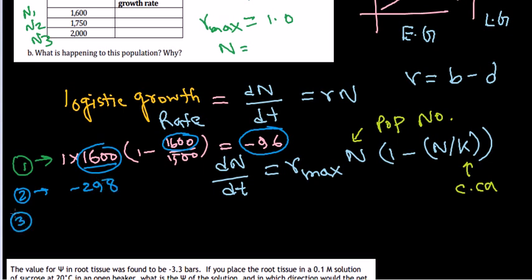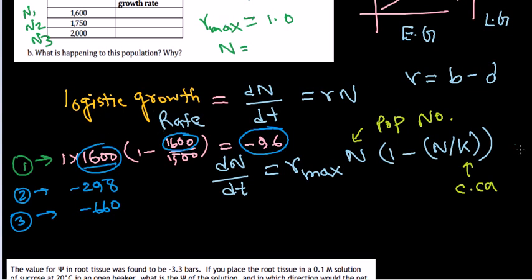And for the third one, if we put 2000 in this place, we will get the value of minus 660. So we get all these values, minus 298, minus 660, minus 96, and once we get the values, we can simply place them to understand.